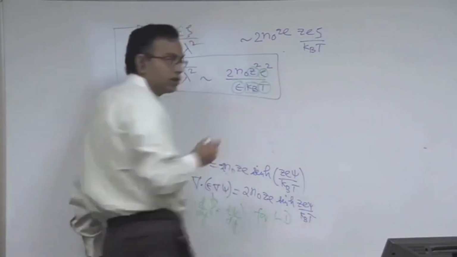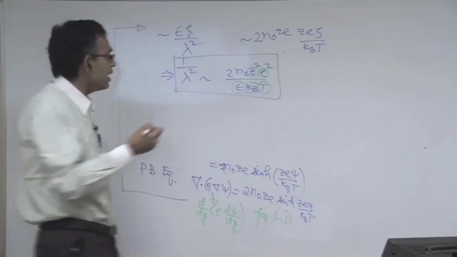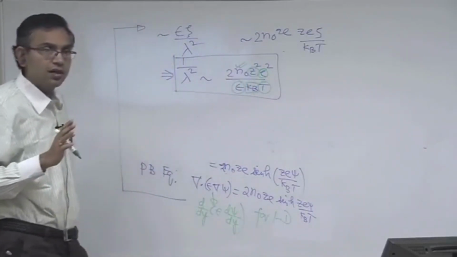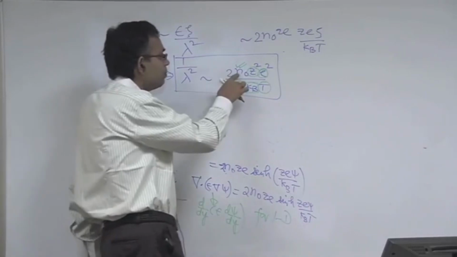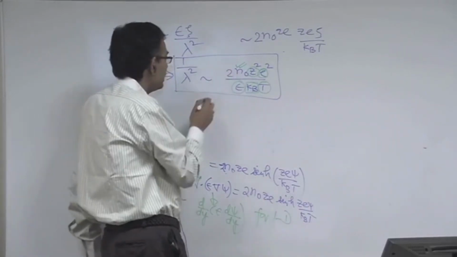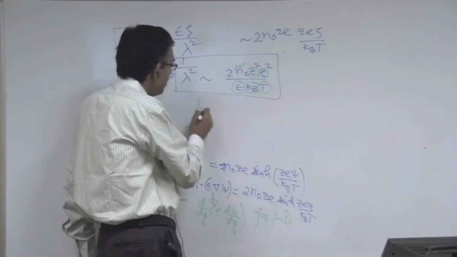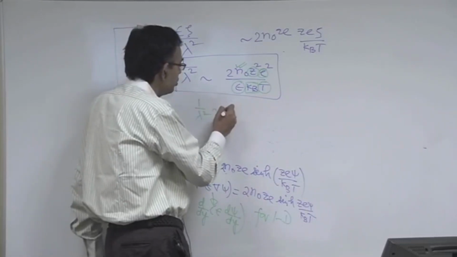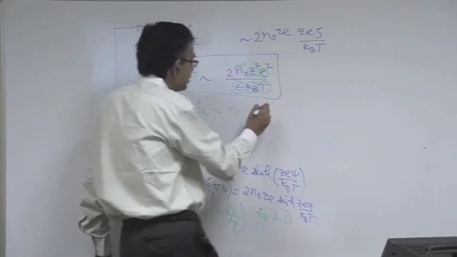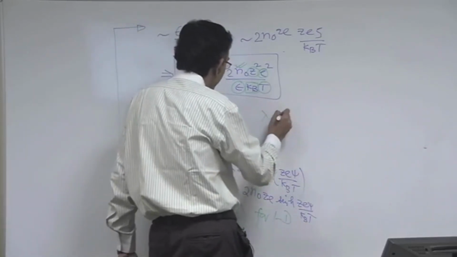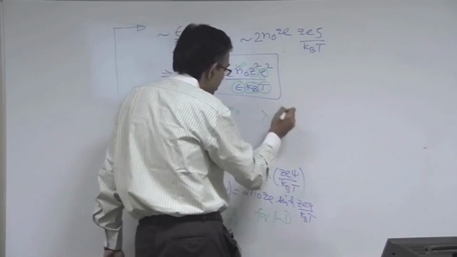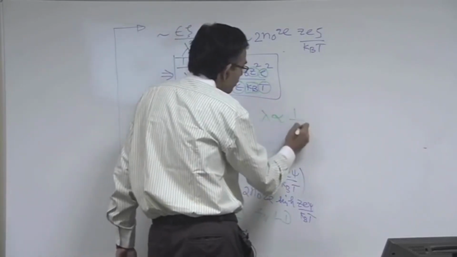Charge of a proton is also fixed. So for all practical reasons we can primarily play with n0. So you can see that 1 by lambda square is proportional to n0, that means lambda is proportional to 1 by square root of n0.